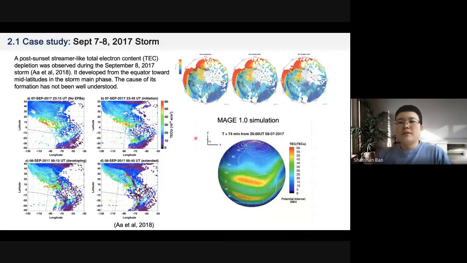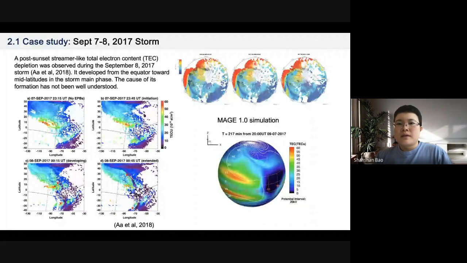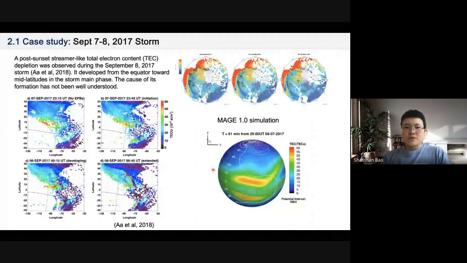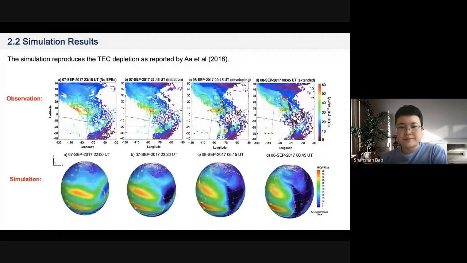So we did a MAGE simulation on this subject. This is plotting the TEC profile in the SM coordinate. You can see this generation of a channel is located in the post-sunset region, and our simulation successfully reproduced this phenomenon.